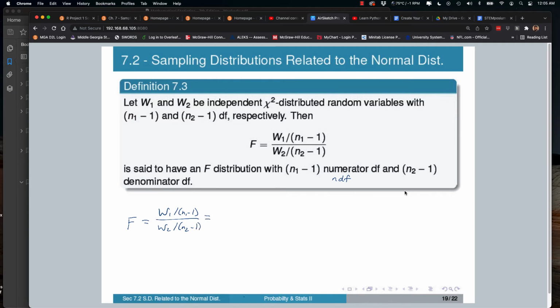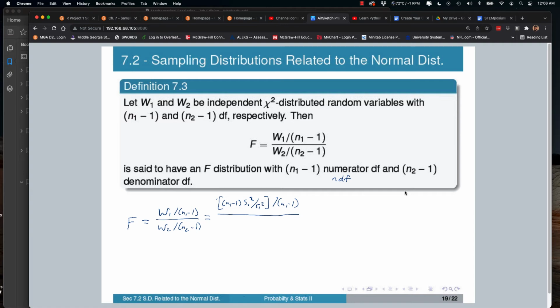The upper part, the W sub 1 part, is just a chi-squared version of that s squared chi-squared formula we saw earlier. So W1 becomes n sub 1 minus 1 times s sub 1 squared divided by sigma sub 1 squared. And that whole thing there is divided by still n sub 1 minus 1.